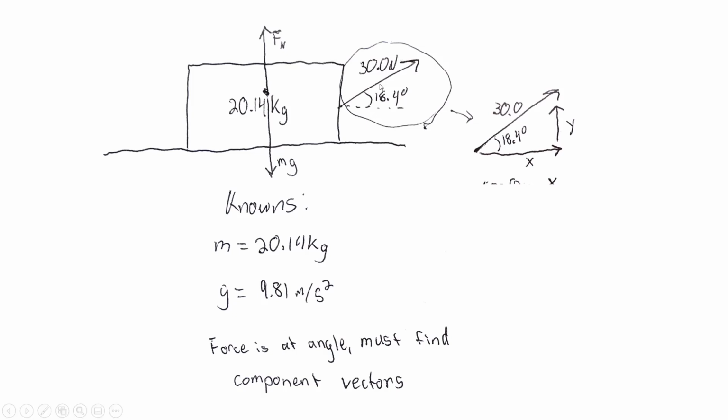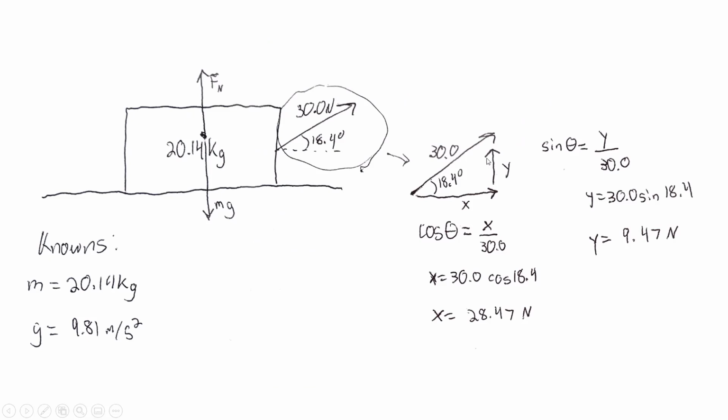So basically what we're going to do next is start filling in more pieces of information. We can solve for force due to gravity. We can solve for x and y of this triangle using trigonometry. So as you can see here, cosine theta equals adjacent over hypotenuse, and we solve for x: we get 30 times cosine of the angle, and our x component vector is 28.47 newtons.